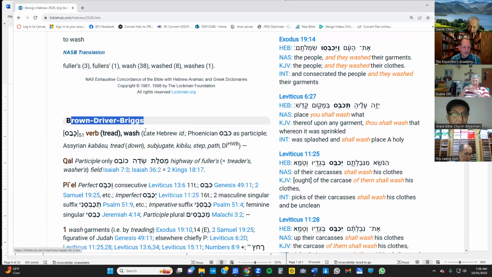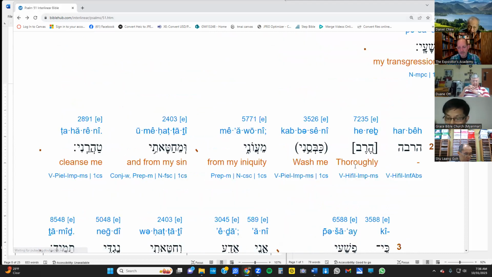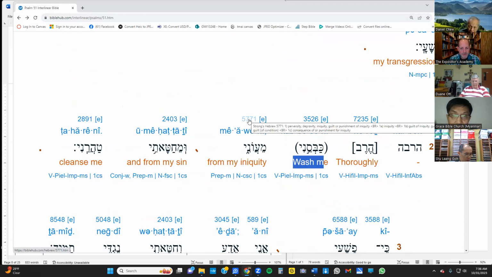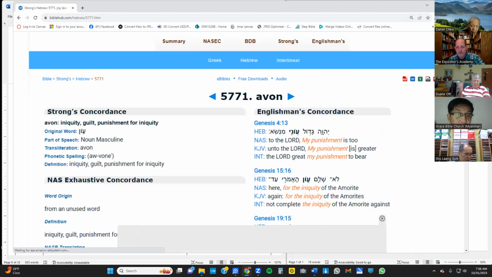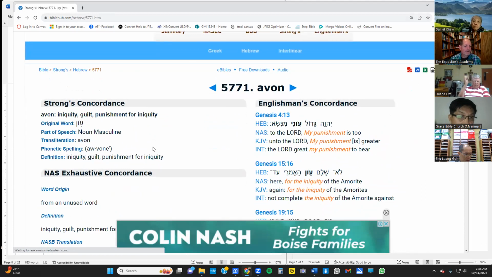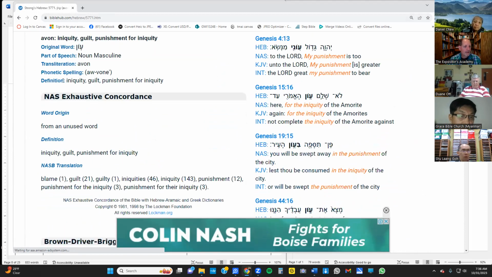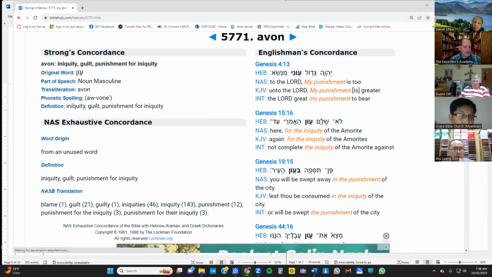In the interlinear, we only are given the definition it thinks fits the most here. We can look at it. Let's look at iniquity. Again, we'll press the Strong's number above and see what we find here. Avon or awon. And it has a basic definition: iniquity, guilt, punishment for iniquity.